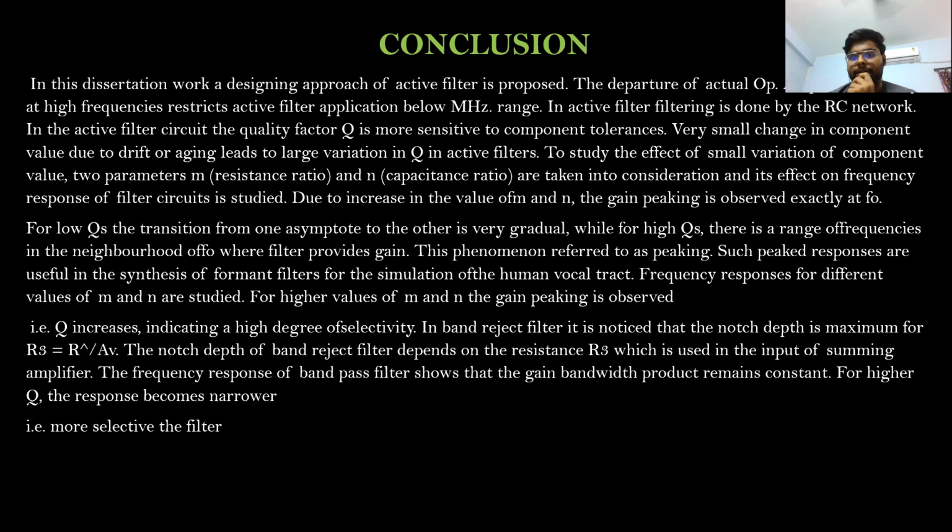In band reject filters, it is noticed that the notch depth is maximum for Rs equal to R by AB. The notch depth of band reject filters depends on the resistance R3 which is used in the input of the summing amplifier. The frequency response of the bandpass filter shows that the gain bandwidth product remains constant. For higher Q, the response becomes narrower. That means the filter is more selective.